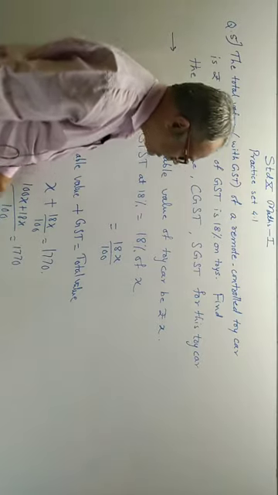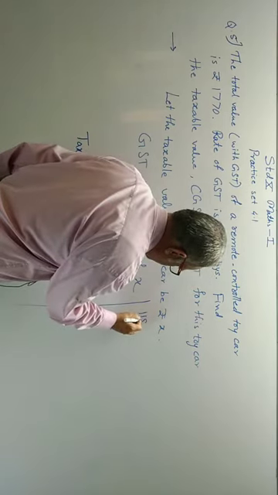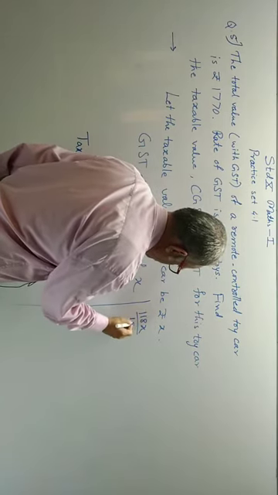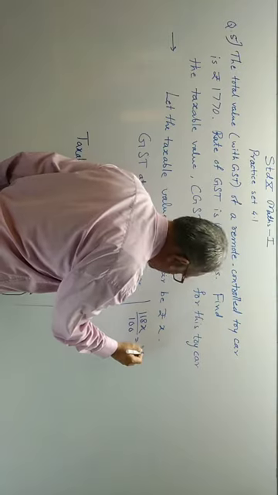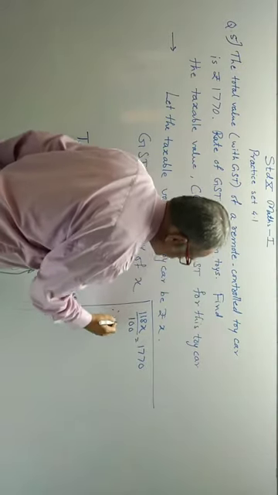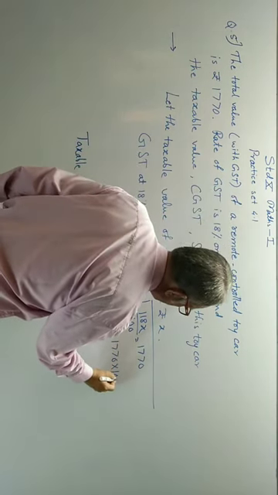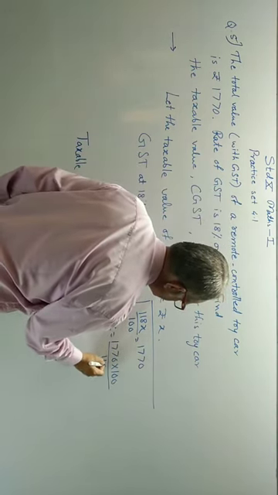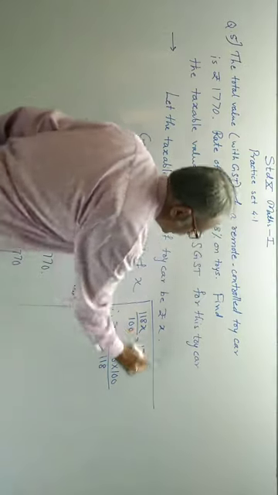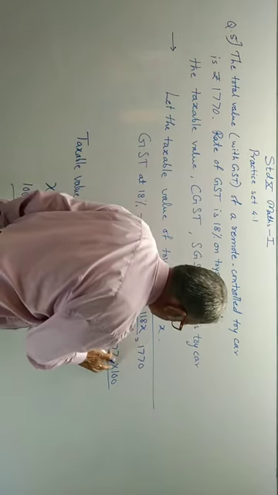That is 118x upon 100 equal to 1770. Therefore, x is 1770 into 100 upon 118. Now we have to do this calculation.